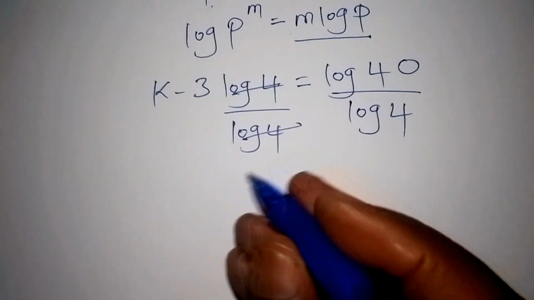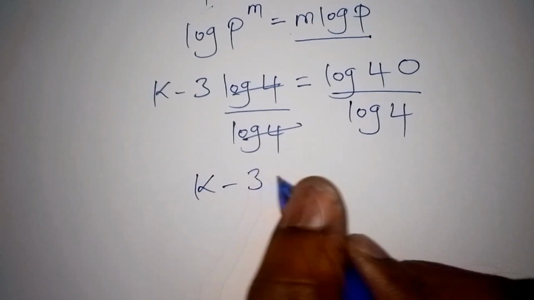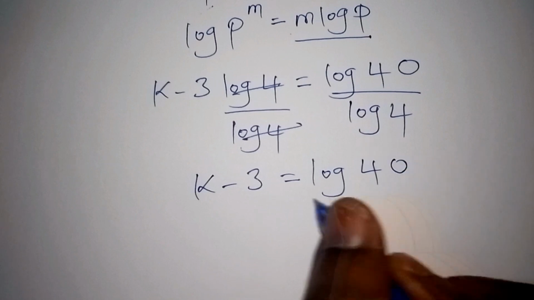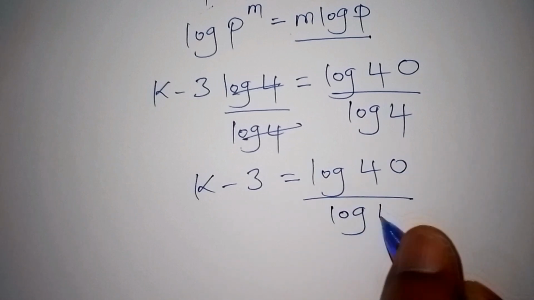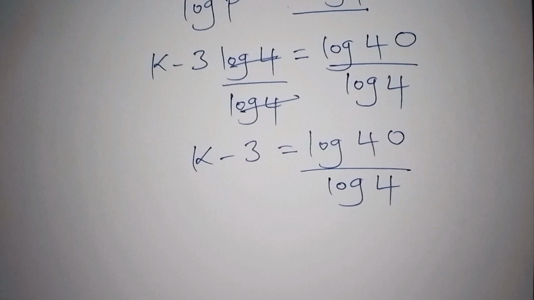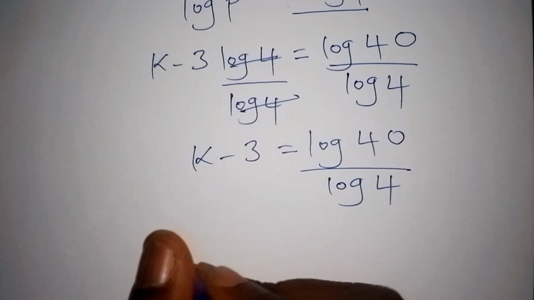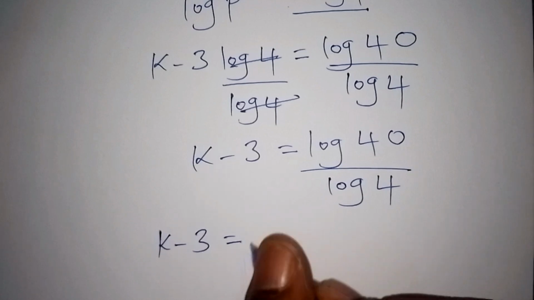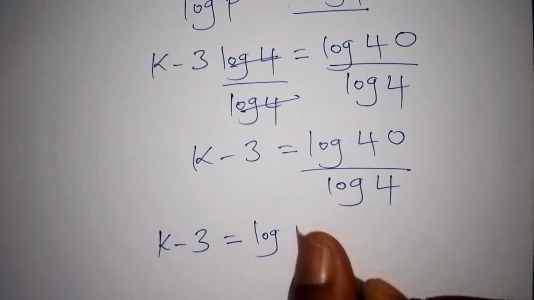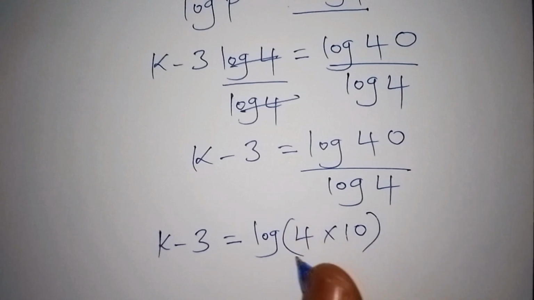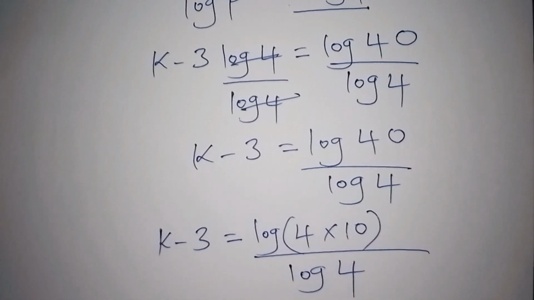Now we shall remain with k minus 3 equals the log of 40 all over the log of 4. We can simplify the log of 40 by having k minus 3 equals the log of 4 multiplied by 10, all over the log of 4.